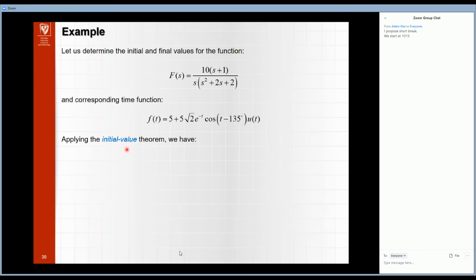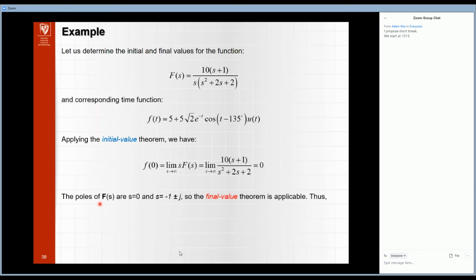And applying the initial value theorem, at the point 0, when we calculate this limit, we obtain 0, because the s disappears, as I multiply by this s, and it is equal 0.